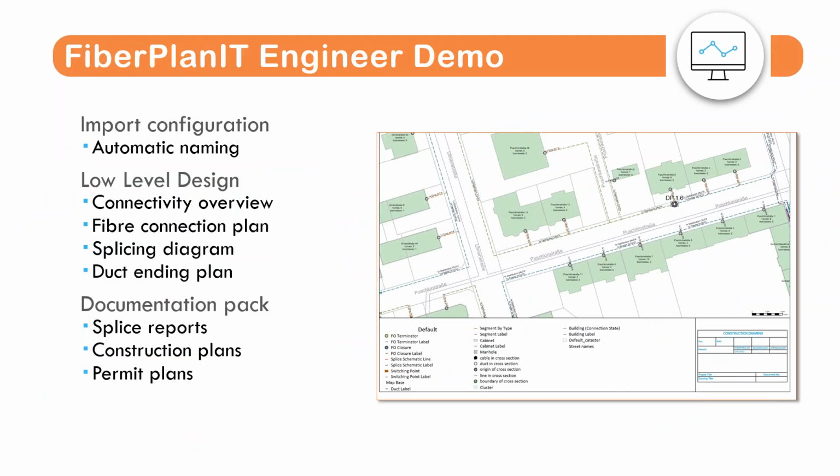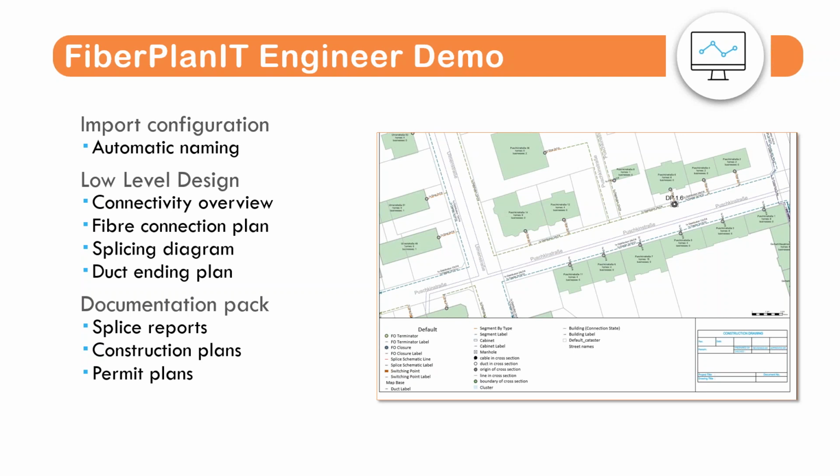Now let's take a look at a demonstration of the engineer. What we will go into detail of is how to configure your import. We'll take a look at the naming configuration of the equipment.